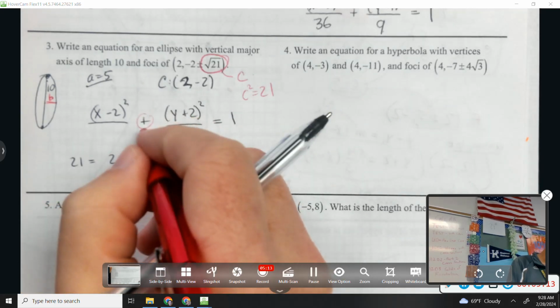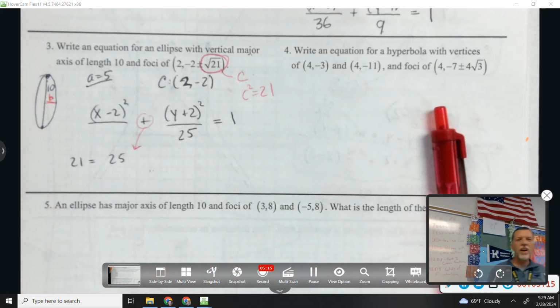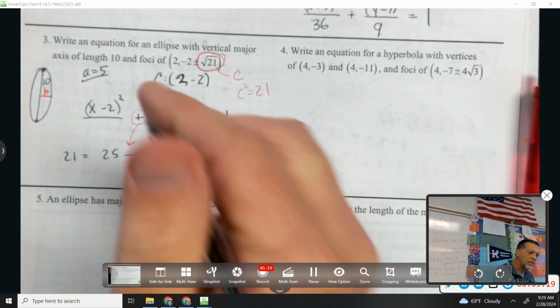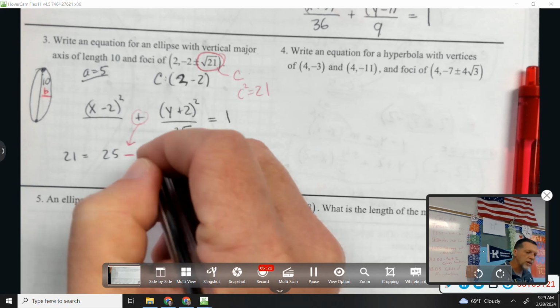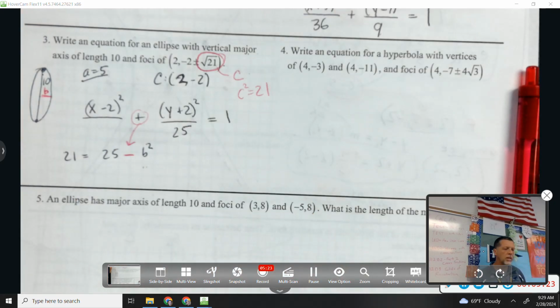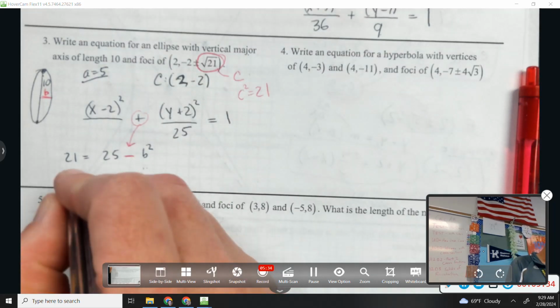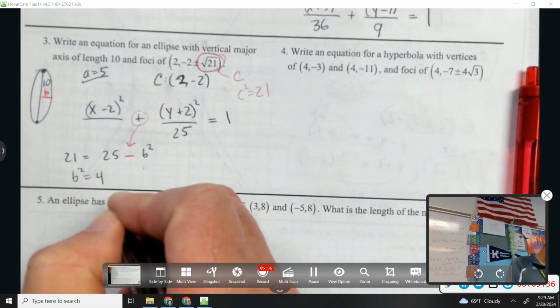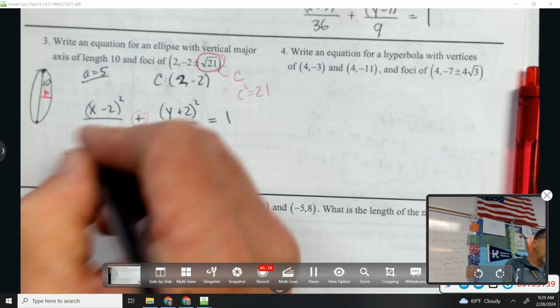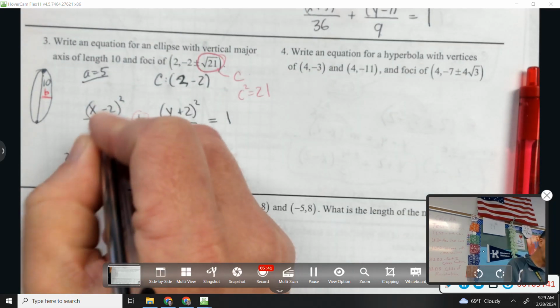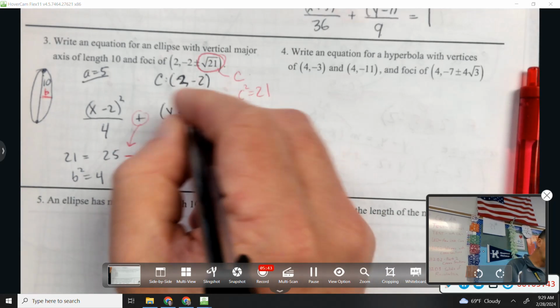Just remember it this way. The sign for the c is different than the main sign. So c squared equals a squared minus b squared. Wait, oh yeah, that's going to work. So 25 minus 4 would be 21. So b squared equals 4. b equals 2, but I don't really need that because what goes underneath the x squared is b squared, so 4.